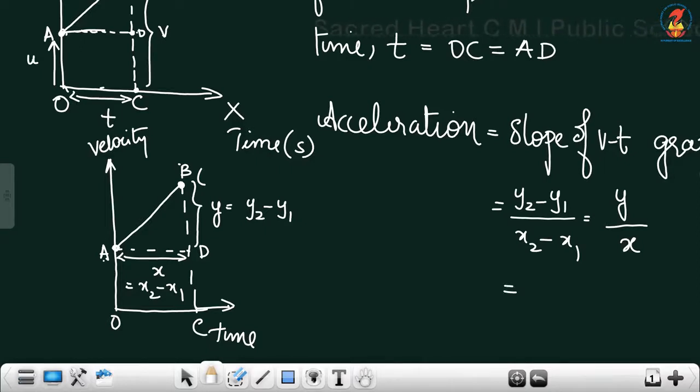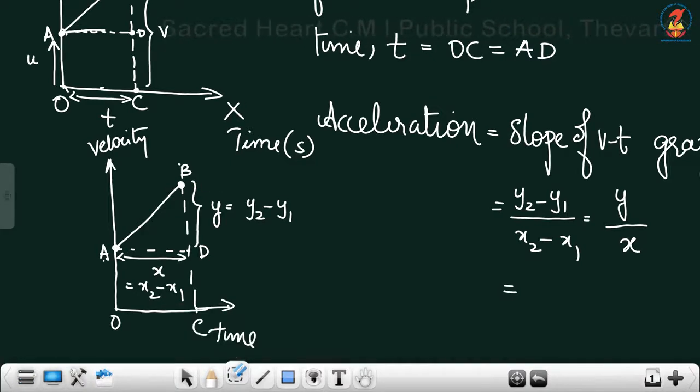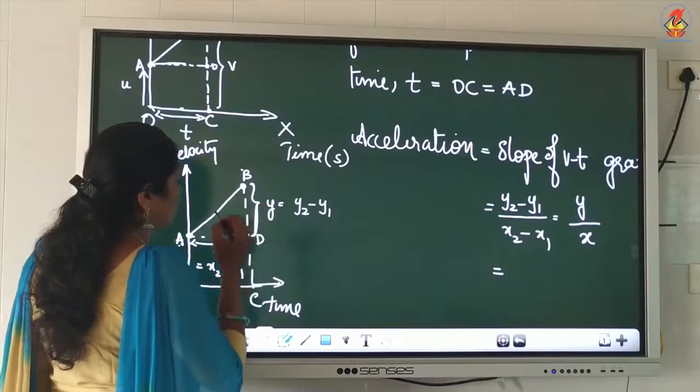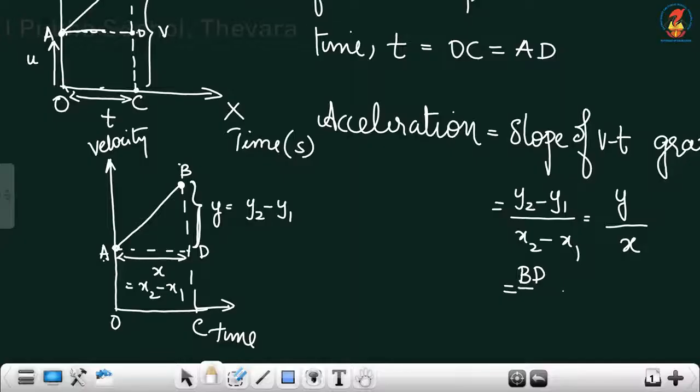Y is this much, that is BD, and x is this much from here to here, that is AD. So, BD by AD.